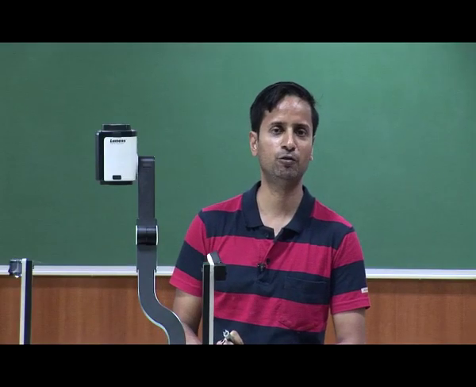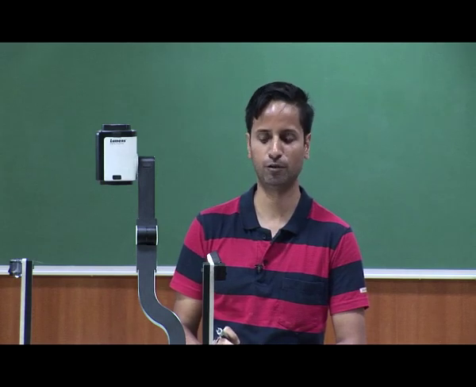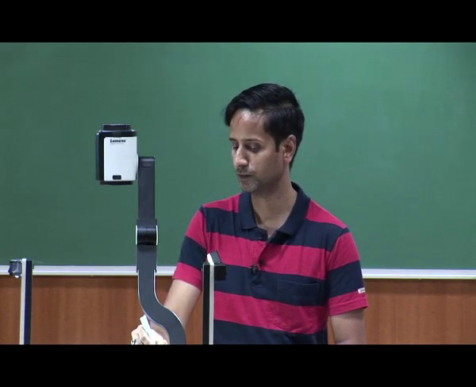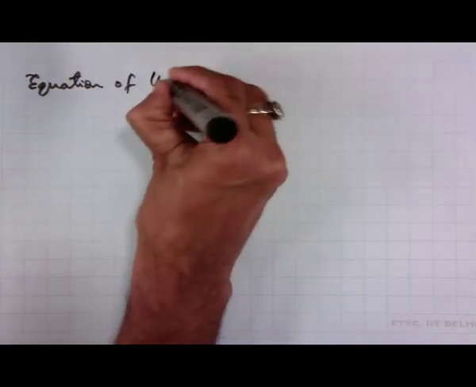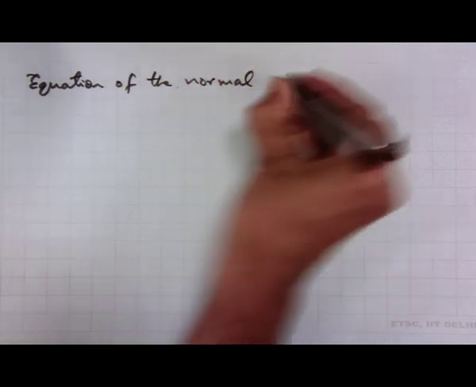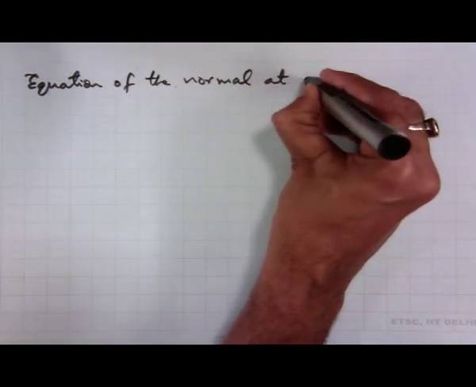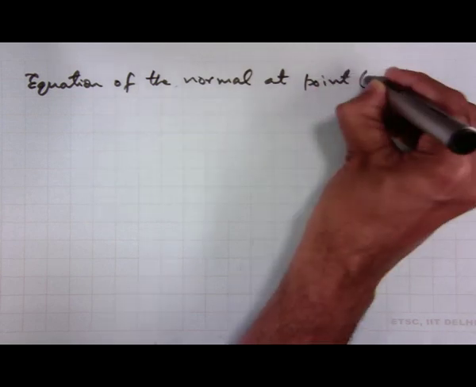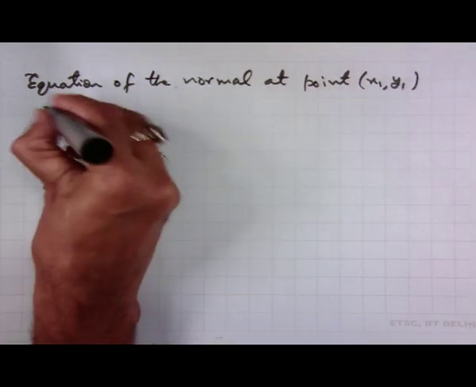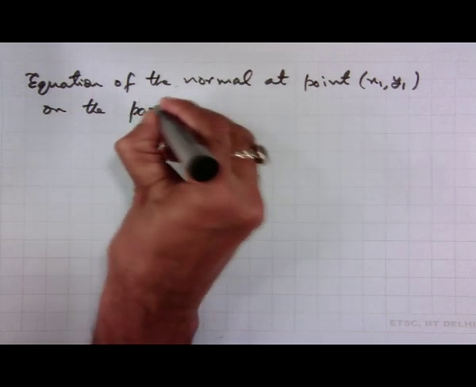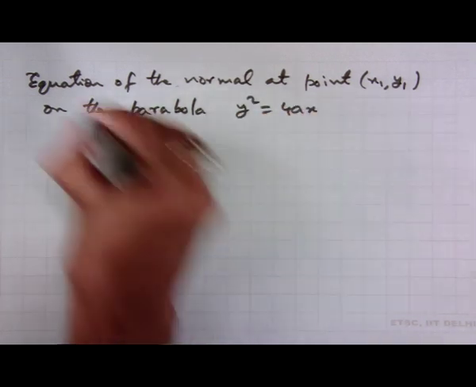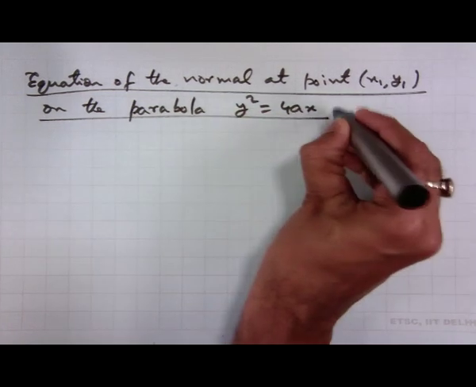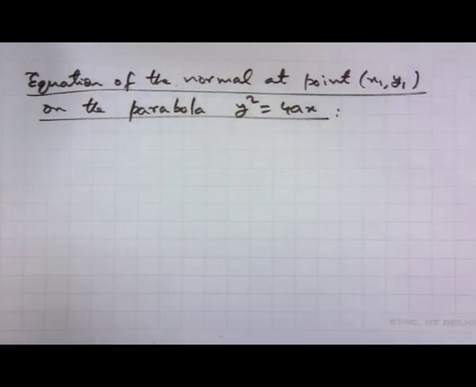Next, we will find the equation of the normal line at any point x 1 y 1. Equation of the normal at point x 1 y 1 on the parabola y square equal to 4 a x. So, what is the normal line?